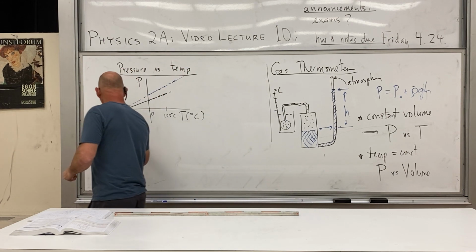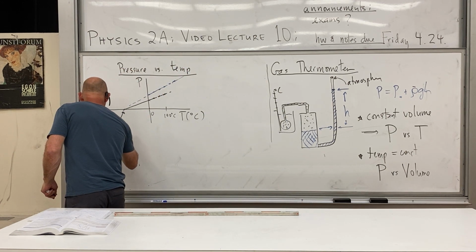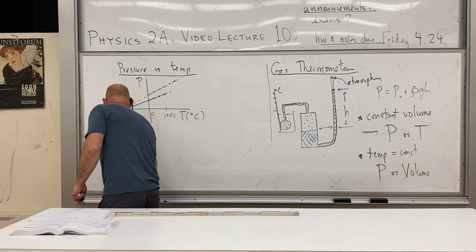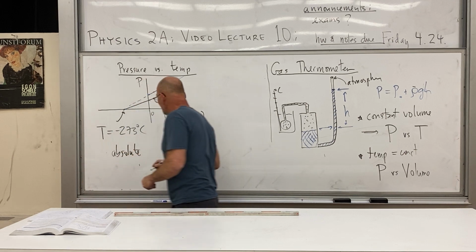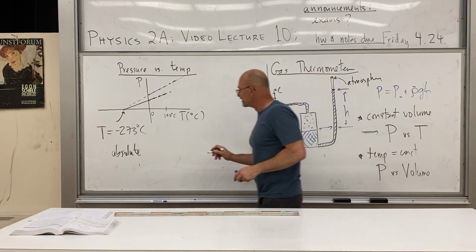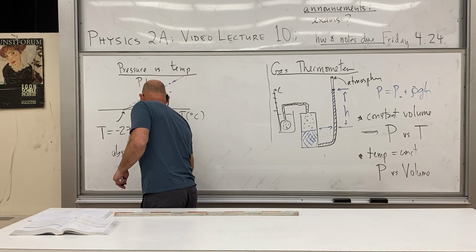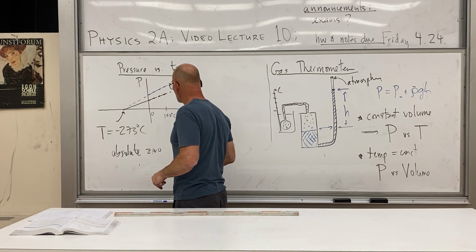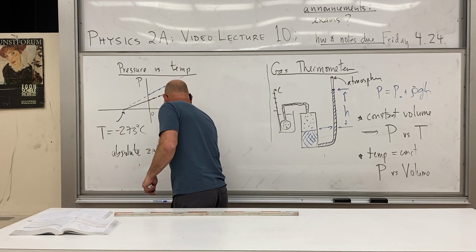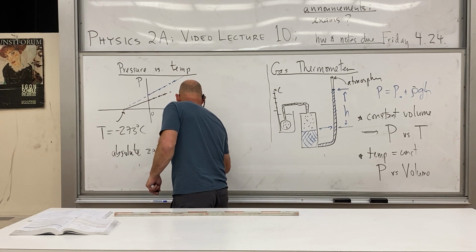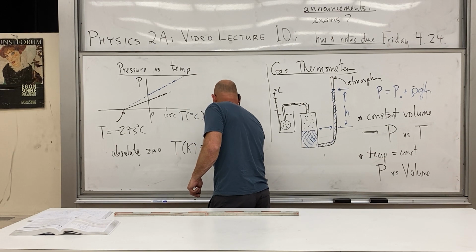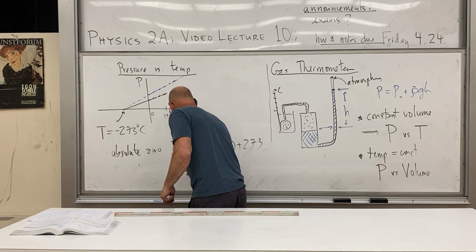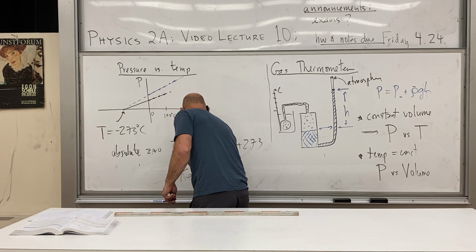And this thing here is T equals minus 273 degrees Celsius, which is then identified as absolute zero, and the absolute temperature scale is then called the Kelvin scale, and we have T Kelvin is equal to T degrees Celsius plus 273. So that's the absolute temperature scale, the Kelvin scale.